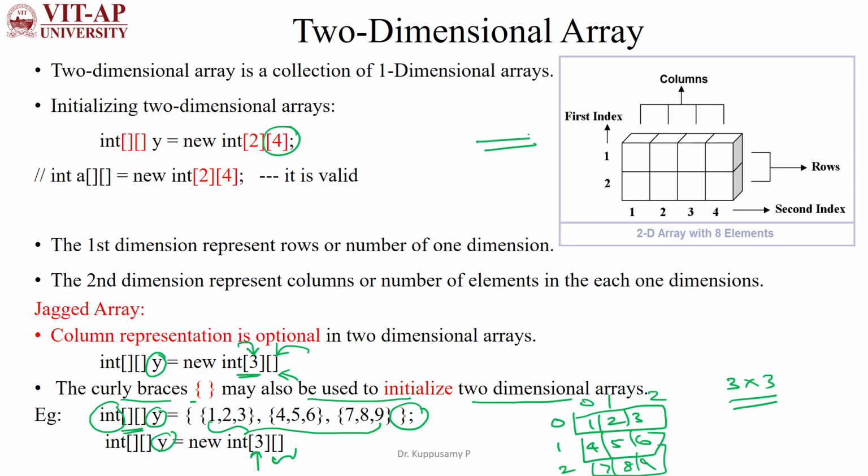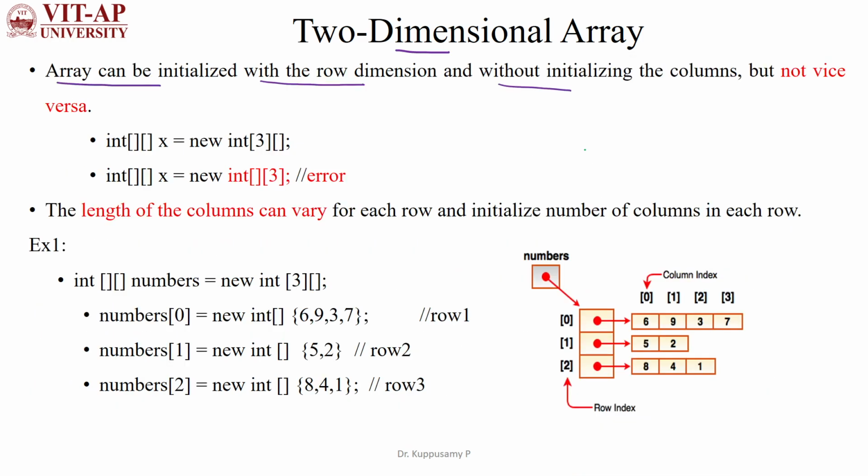The structure is given here, you look at that, the first index is indicating the number of rows, and these indices are representing the number of columns in the given two dimensional array. So the column is represented as the second index in the declaration, the first index is representing the number of rows in the declaration of array in Java programming language.